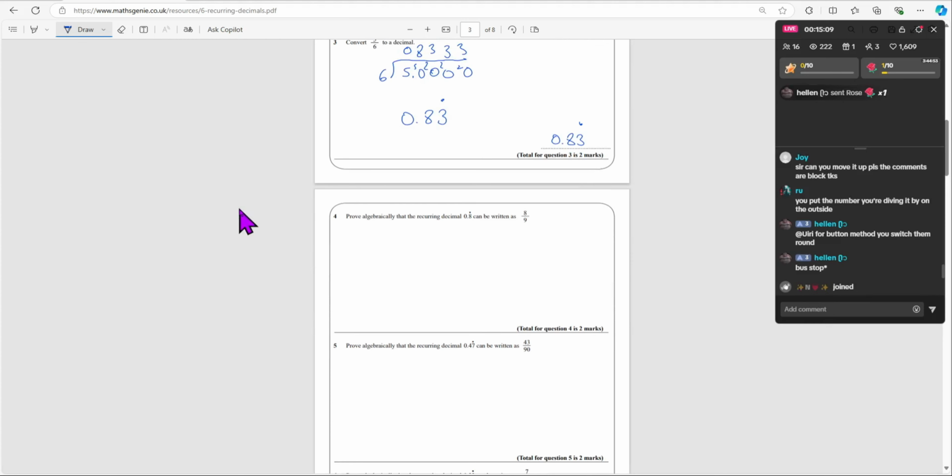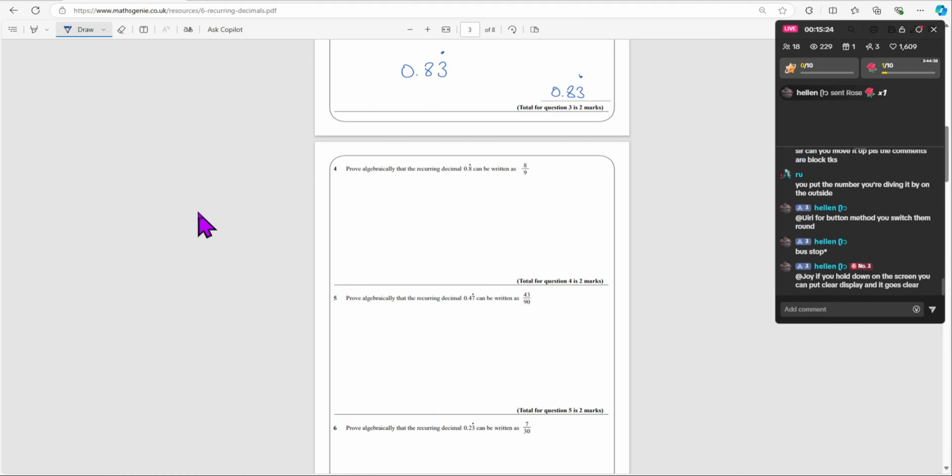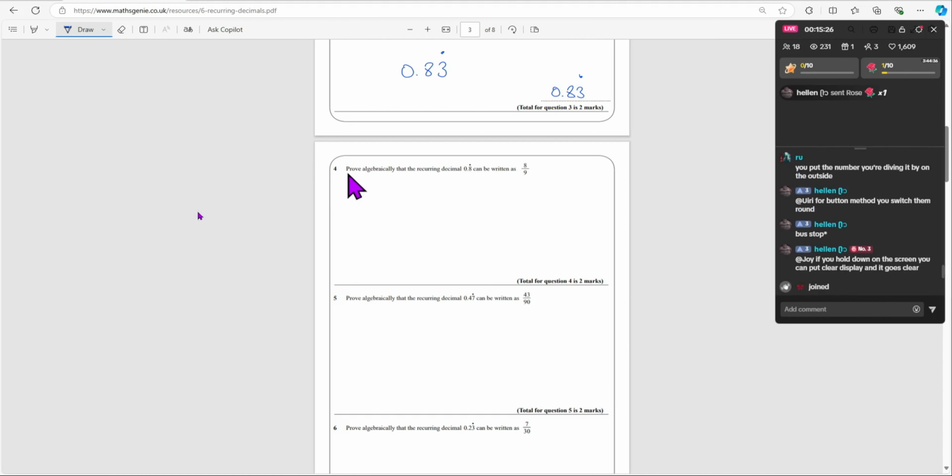So let's do question number 4, as this is more of a question that might come up on the higher paper. We need to prove algebraically that the recurring decimal 0.8 recurring can be written as 8/9. Now, we're going to write 0.8 recurring as x.